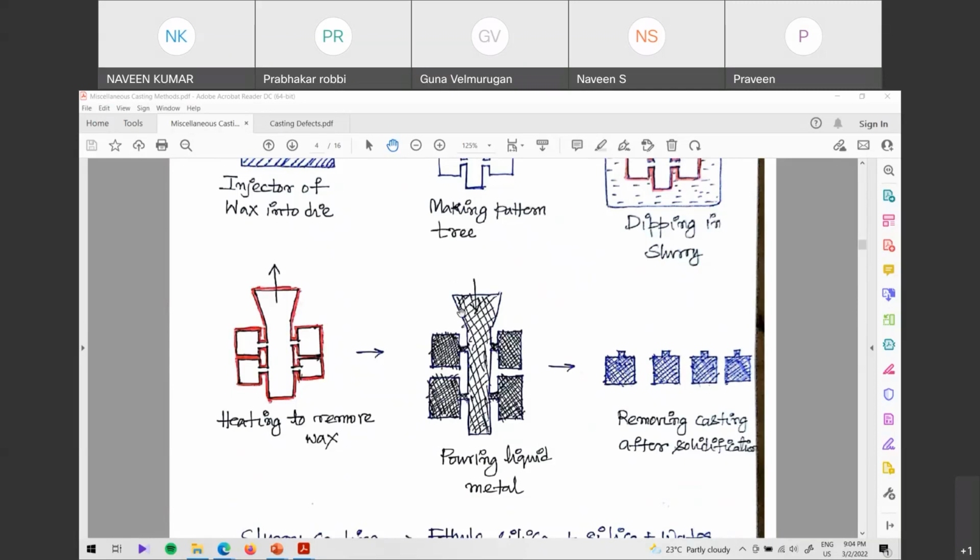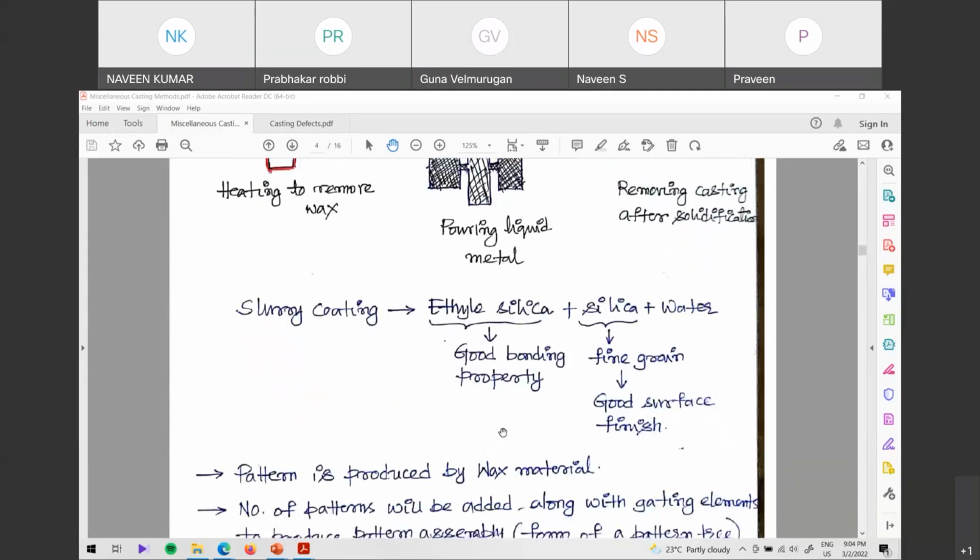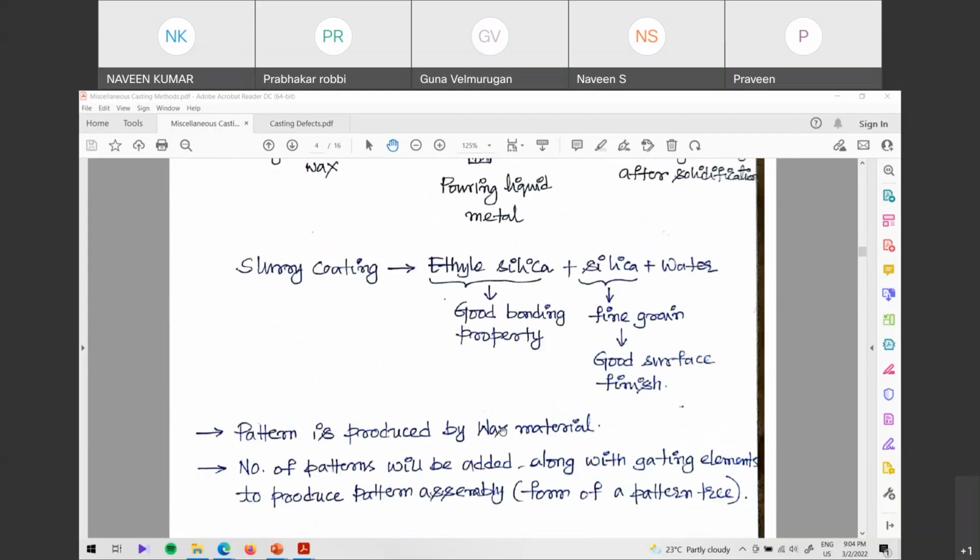To avoid that, we are pouring the liquid in vacuum conditions, because if there is no atmosphere, there is no chance of getting this negative pressure that is being created. So you are performing this in the vacuum environment. Please do remember that. So there are some points. Wax material, surface finish is good. You're performing this in vacuum environment. These are the important points that you have to take home.